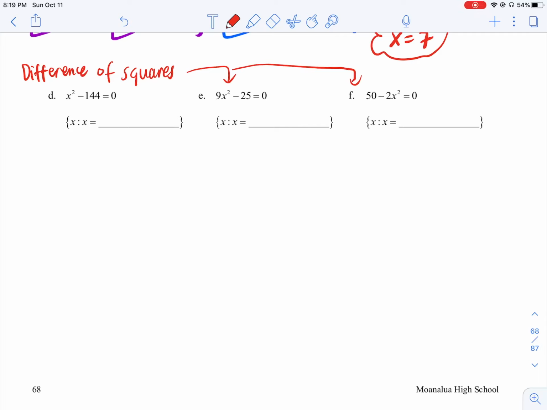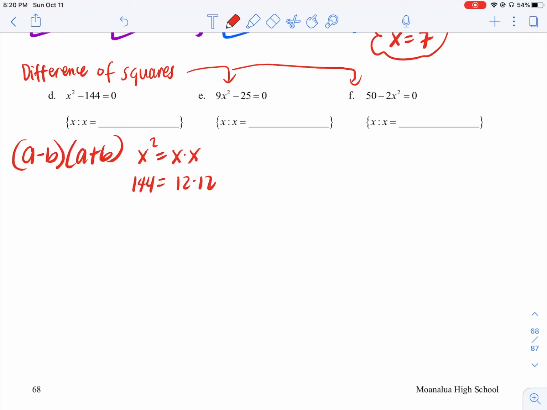So because this one is a difference of squares, we follow the formula (a minus b)(a plus b), where our a is, so we have x squared. For x squared, we have x times x. For 144, what's 144? 12 times 12.